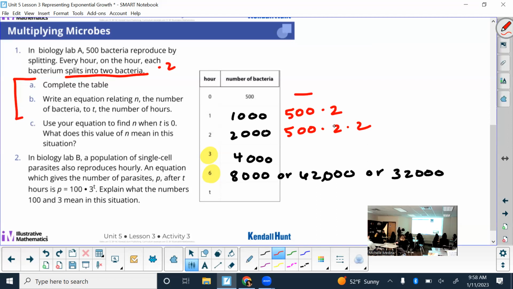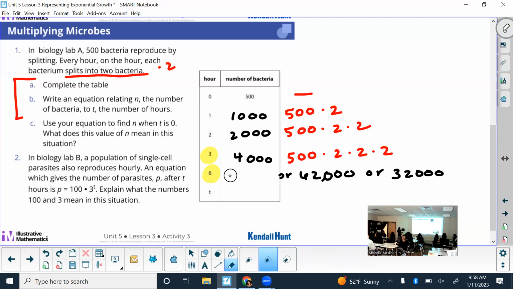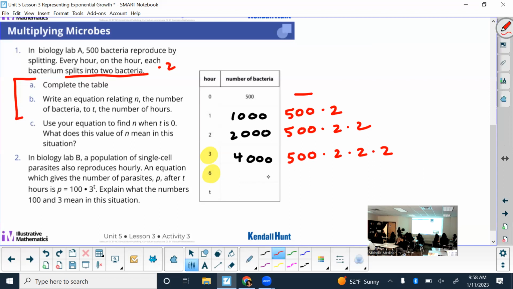So then hour 3, it would be 500 times what? Good. So then for this one, hour 6, I could do 500 times 2 times 2 times 2 times 2 times 2 times 2, or what's a shorter way of writing that?